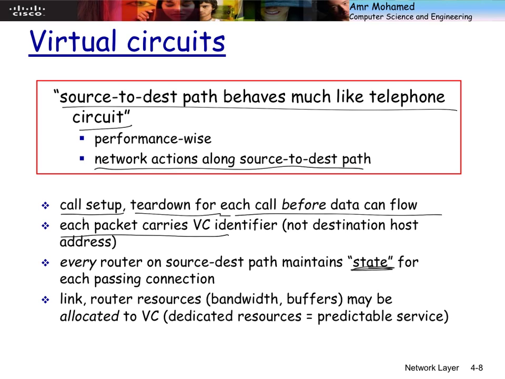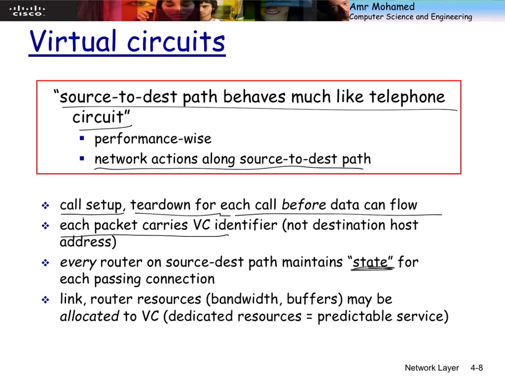And then when the source receives that acknowledgement or acceptance of the connection, a virtual circuit identifier gets assigned. This virtual circuit identifier will then be put in every single packet that goes through this virtual circuit.